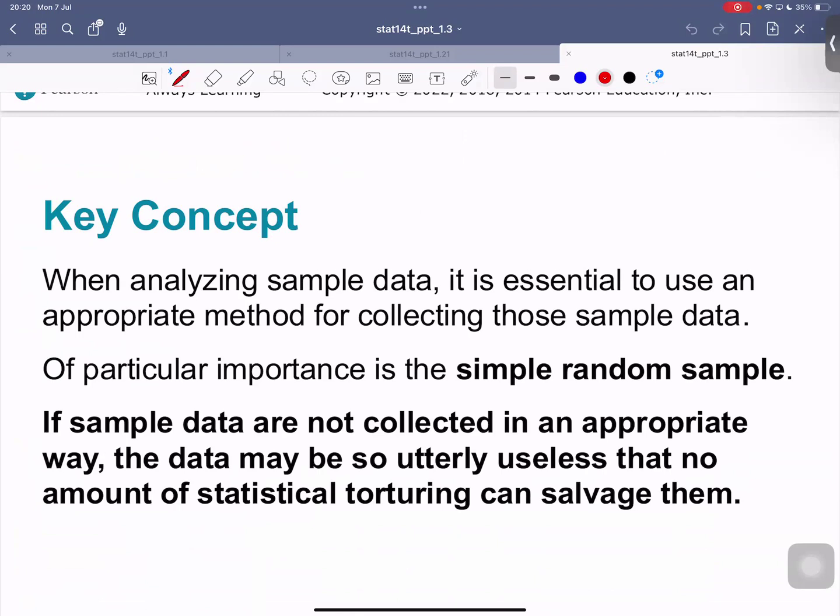In this case, simple. What can be an example in this case? What do you think? Sample data are not collected in an appropriate way. The data may be so utterly useless.